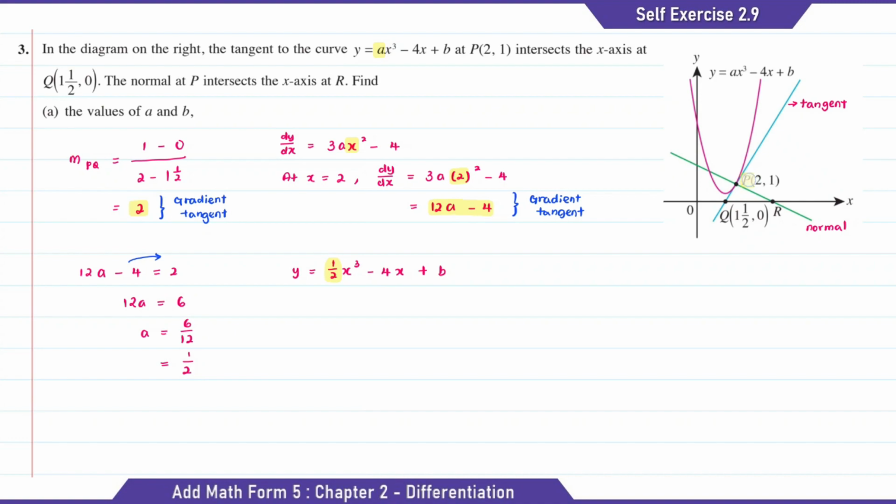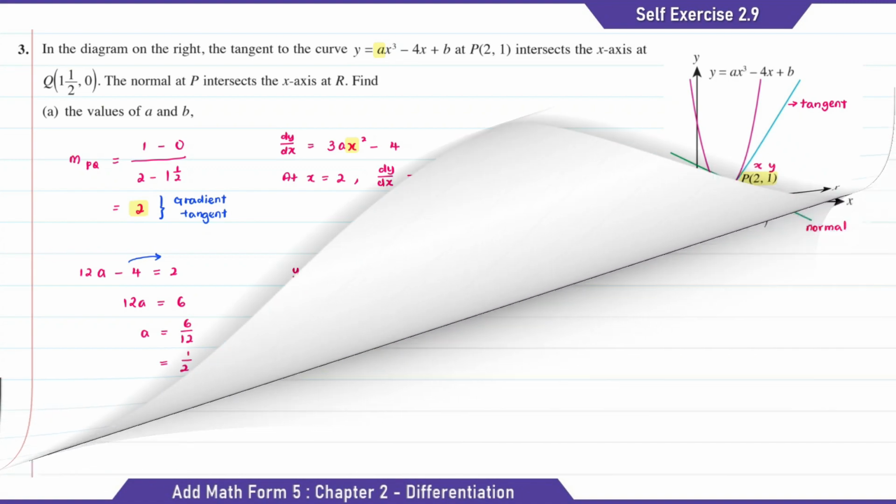As point P lies on the curve, we can substitute the coordinates of P into the equation of the curve. Then 1 equal to 4 minus 8 plus b. 1 equal to negative 4 plus b. Then b equal to 1 plus 4, which is 5.